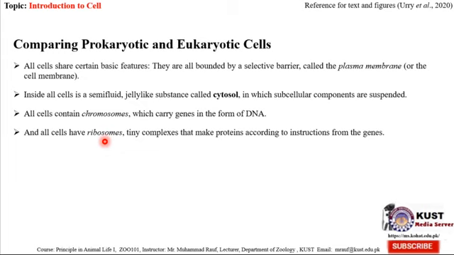Because it is responsible for converting the language of nucleotides in mRNA to the language of amino acids in protein, and all living organisms rely on protein for their functions. So therefore the presence of ribosome is very important along with the genetic material.